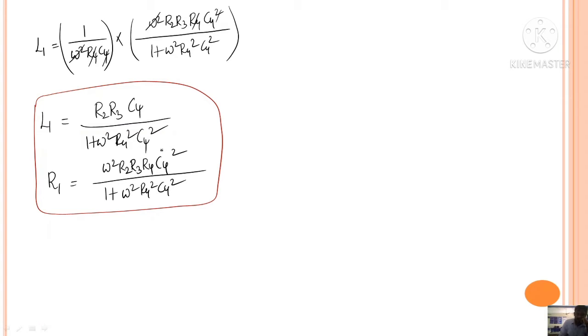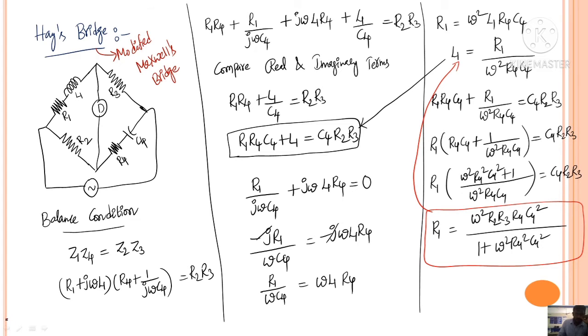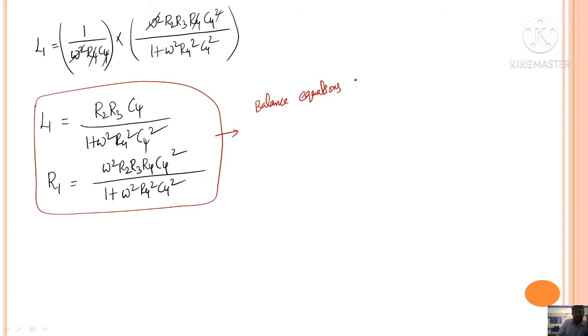Now if you observe, the difficulty of this bridge is balance equations are not simple to understand. Is it right or not? And also it took more time to get the balancing equations. This is the major difficulty with the Hayes bridge. So balance equations are not easy to understand.